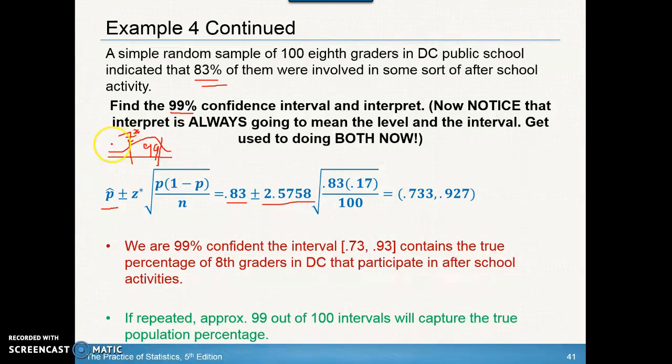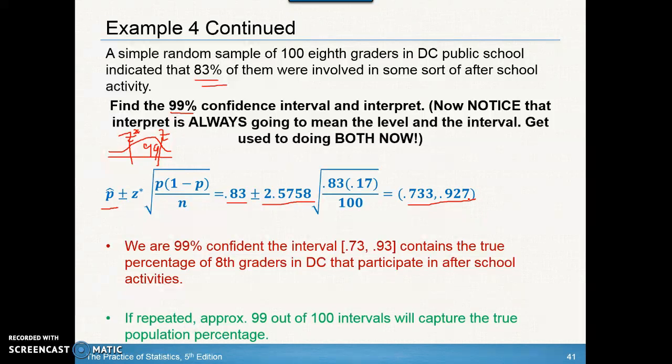So you can either do inverse norm of 0.005 because that's outside the curve here to the left, or you can do inverse norm of 0.995 because if you use this critical z-score, the area to the left is the 99% plus this 0.005 that's over here. Okay, and then we're going to plug in our proportions, 0.83, for our standard deviation of the statistic, and we get the resulting confidence interval.